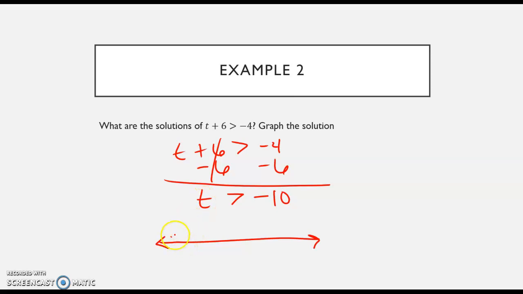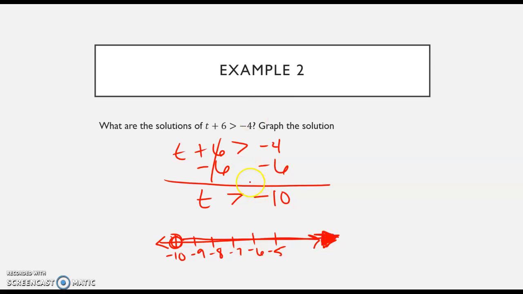But t is greater than negative 10, so we have negative 10, negative 9, negative 8, negative 7, negative 6. You can skip count. I'm fine with that. Negative 5. So it's just greater than, no equal to. So again, it's an open circle. Greater than would be going this direction, which feels weird at first because we think of 9 as being less than 10, but we're working with the negative.